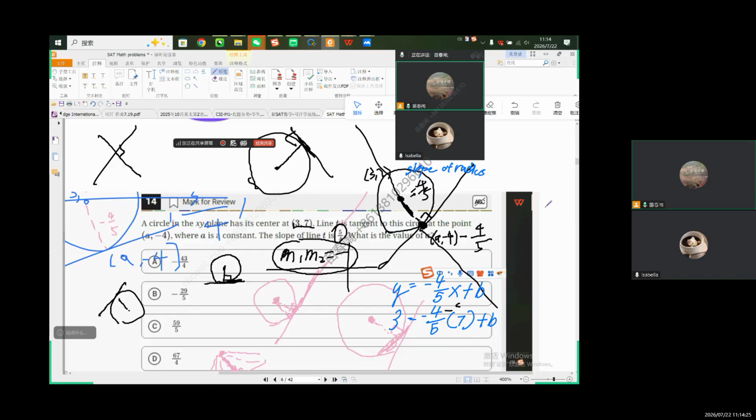We can find b, but they only asked what the value of a is. Well, we kind of have to know b to know what a is. Well, but I can find this. Do you remember y2 minus y1 over x2 minus x1 is the slope, which is -4/5.